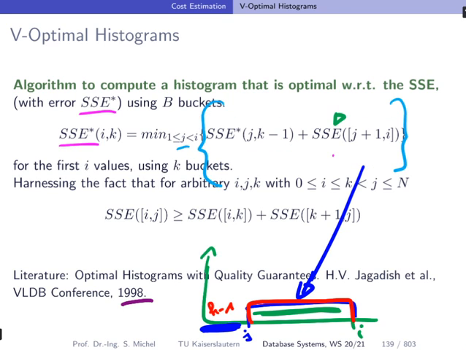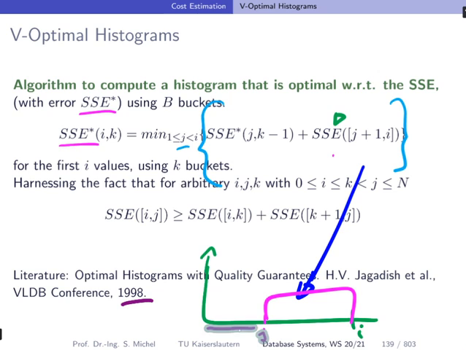So now we do this again. We try a different J, let's say a larger one. Same thing. What is the sum squared error now? It's the best sum squared error of a histogram for the first J values with K minus 1 buckets plus one more bucket.